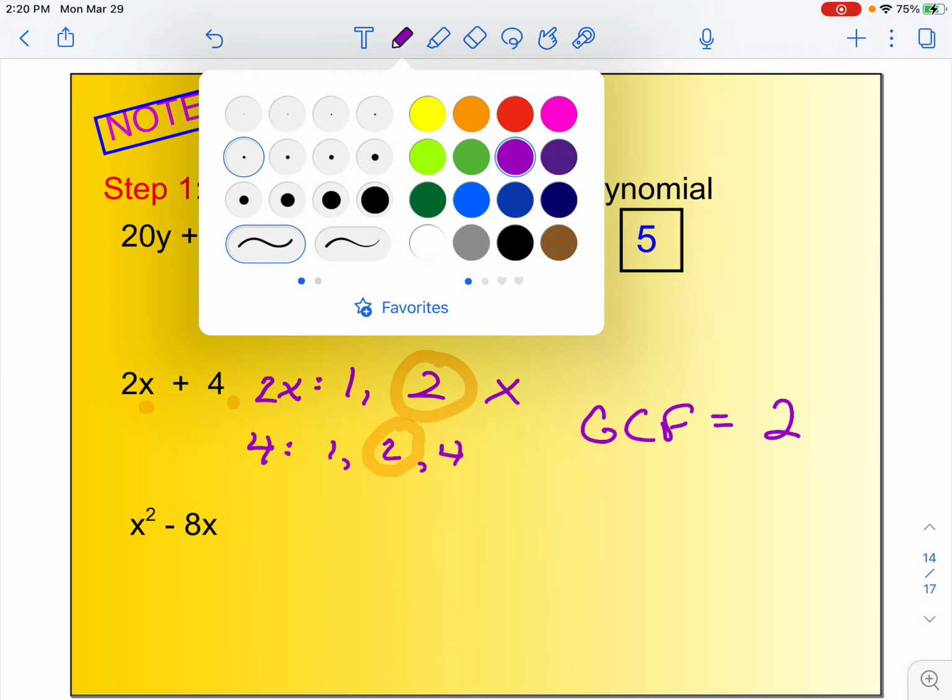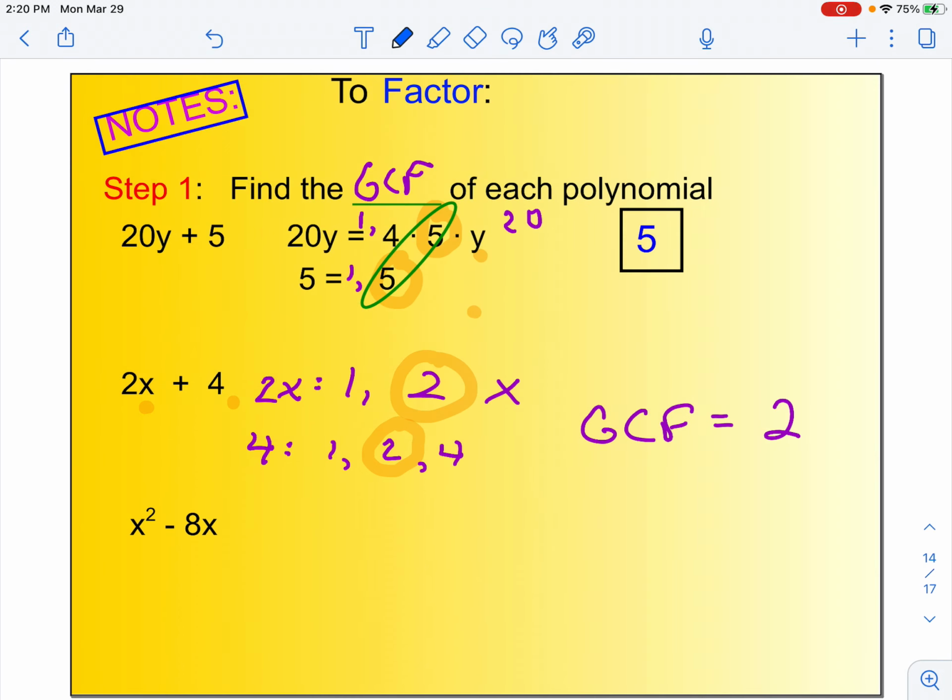Okay, let's do the third one together as well. So again, the factors of x squared are x times x. The factors of negative 8x, or we'll just go with 8x because we can keep the sign in between when we factor, would be 1 and 8, and there's a 1 in front of here too, but 1 and 8, and then we have 2 and 4, and then an x.